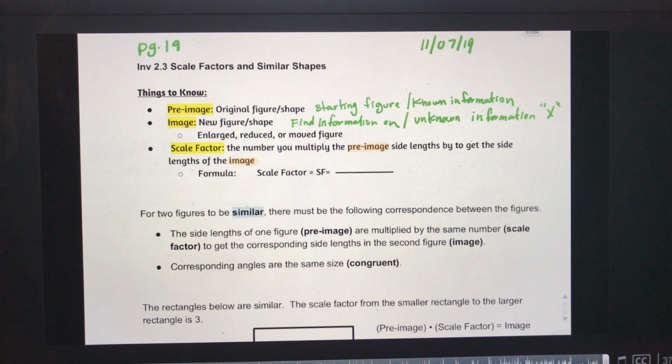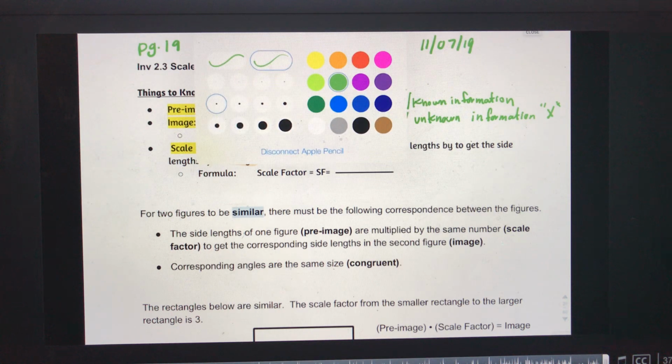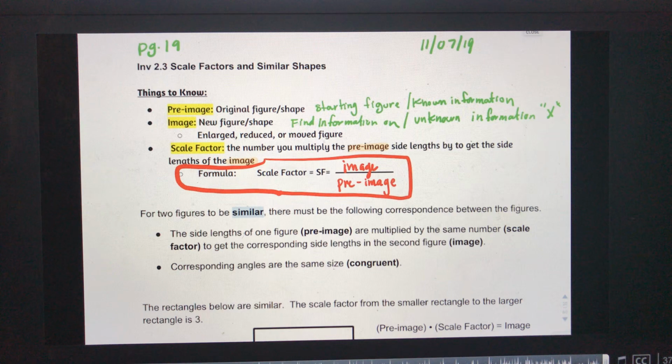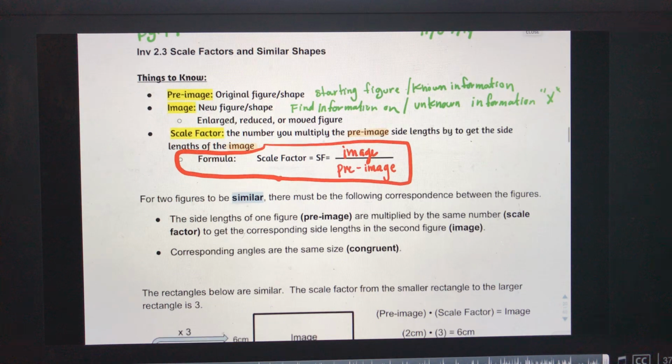Your formula for the pre-image to the image will be image over pre-image. We have written this down before, and we've written it down again. That should tell you that it is very, very important. Keep that in mind. Your formula for scale factor is image over pre-image.